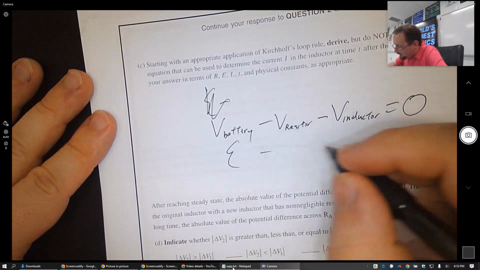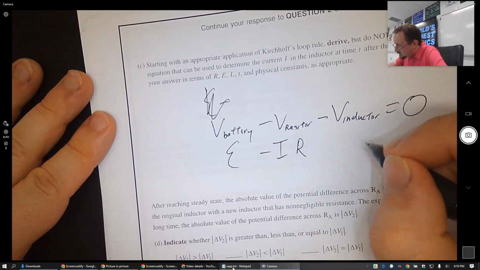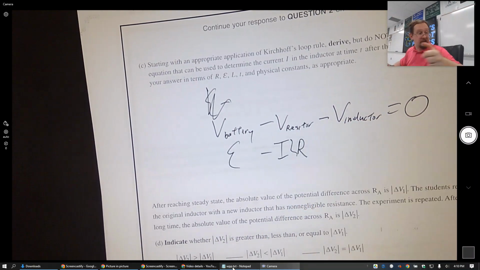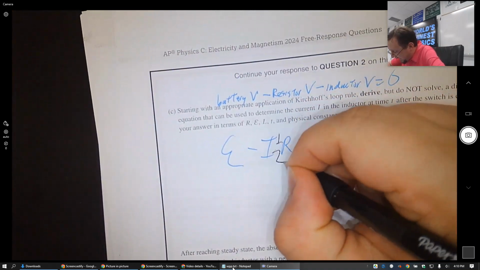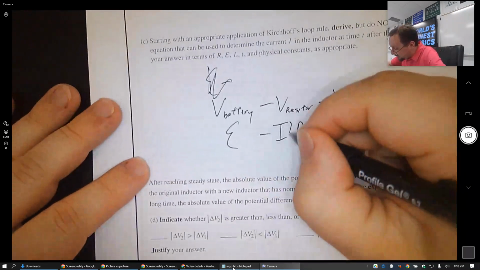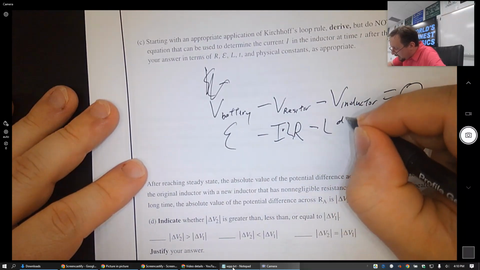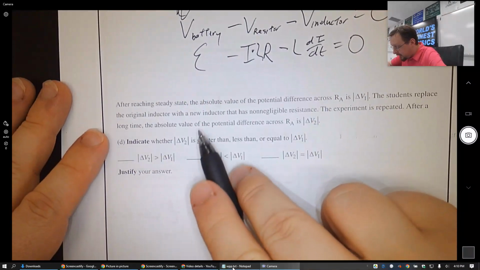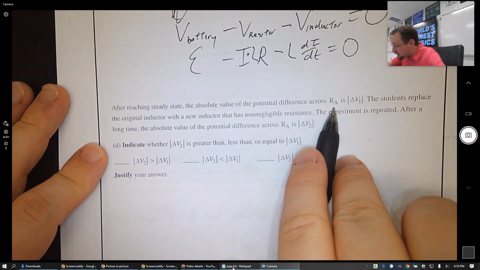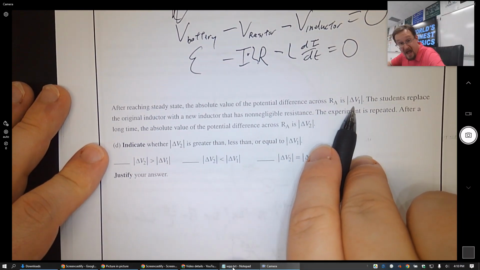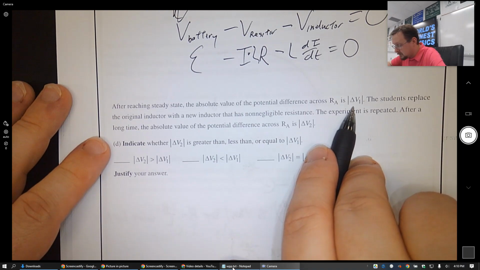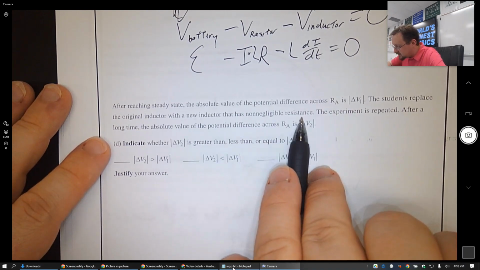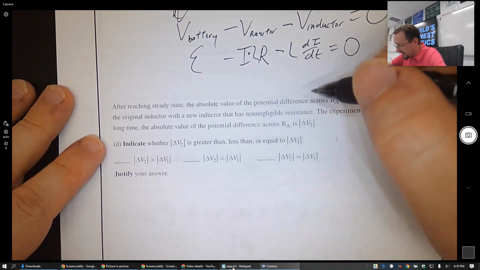The EMF minus I times 2R minus L di/dt equals 0. That's a differential equation. The absolute value of the potential difference across RA is something. The new inductor has non-negative resistance, so RA is going to have less voltage.